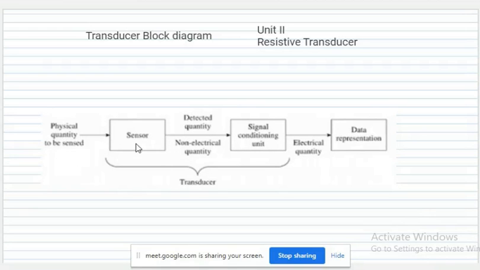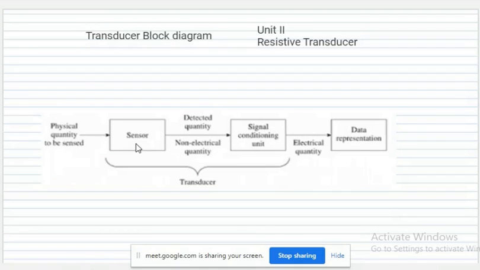So this sensor can do the job of sensing the temperature parameter, or the pressure parameter, or the level parameter, or flow, displacement, or force measurement parameter, and so on. There are endless parameters for which we can design a sensor.